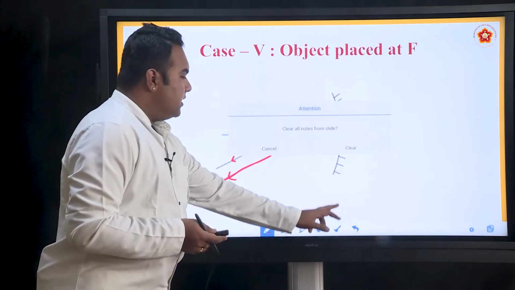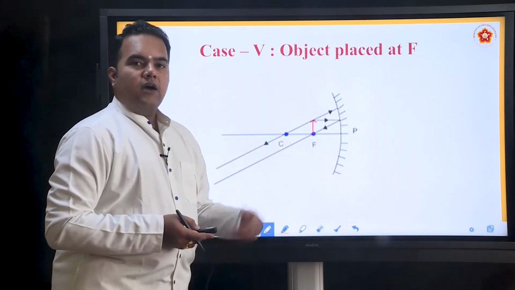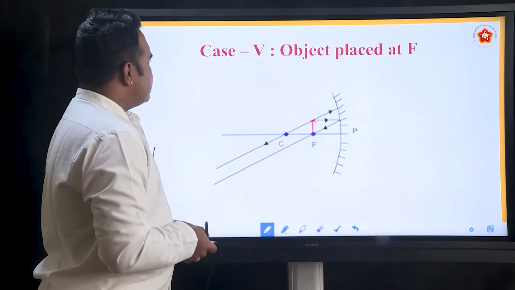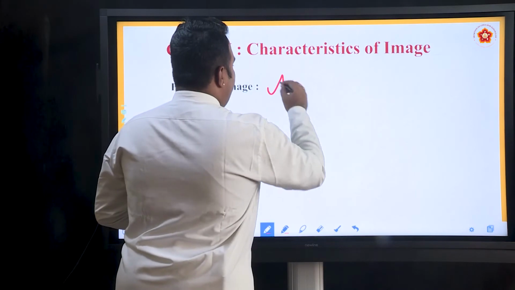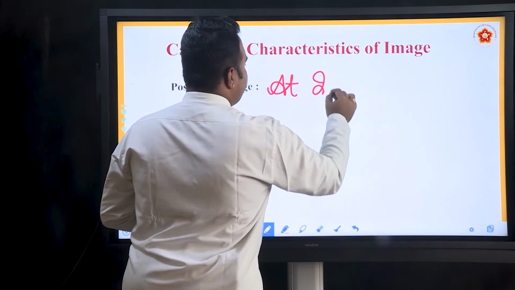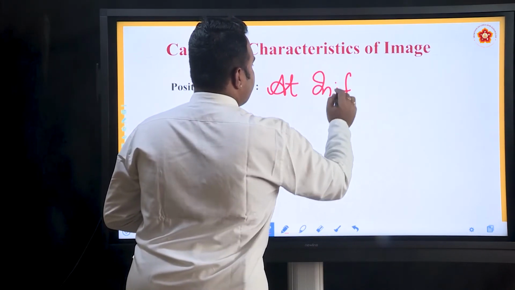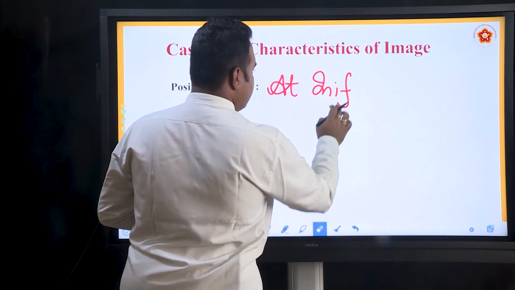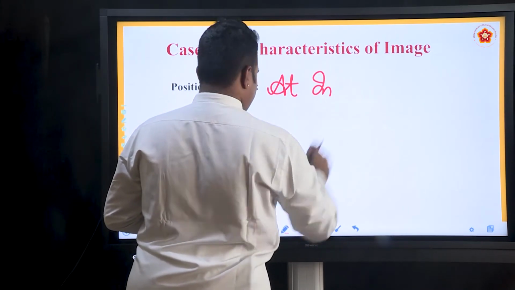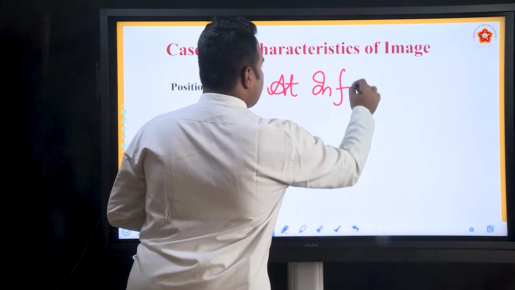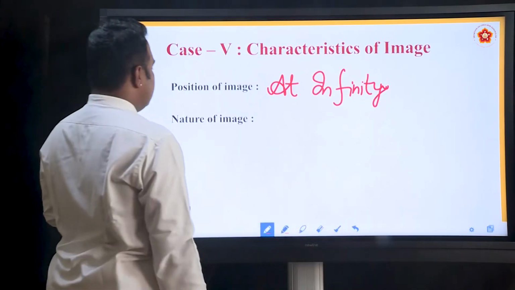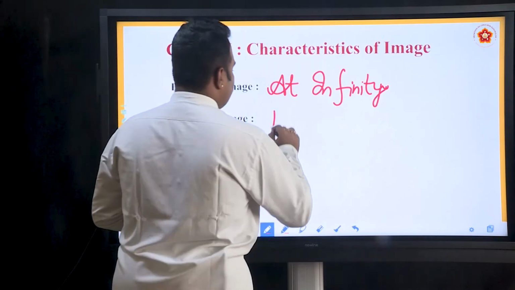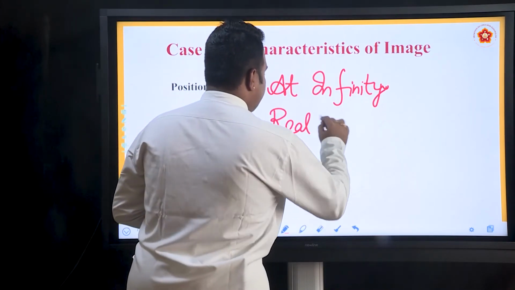So, therefore, in this particular case, how do we say the position, nature and size of the image? Position of the image: at infinity. Nature of the image: real and inverted.